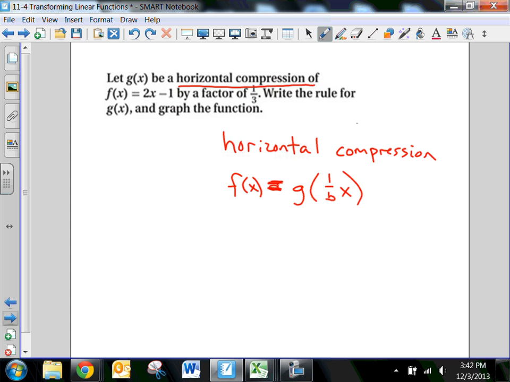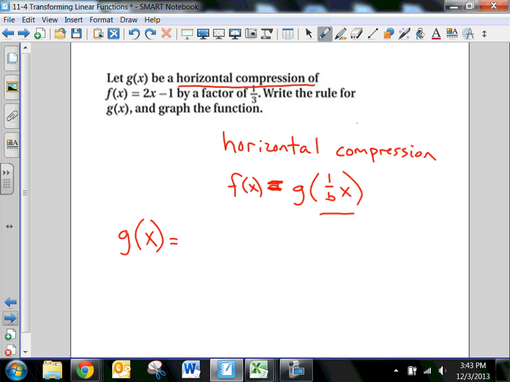And so that's something that you have to remember, and that's new from when we did it earlier in the year. We said that it applies to the x, but now we're actually going to put 1 over b in that spot, okay? So what we're going to write here is this. We're going to write f of x is 2x minus 1, okay? But now this whole thing is going to change to g of x, okay?